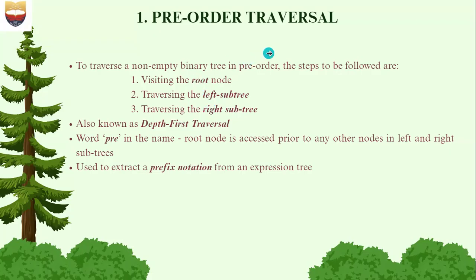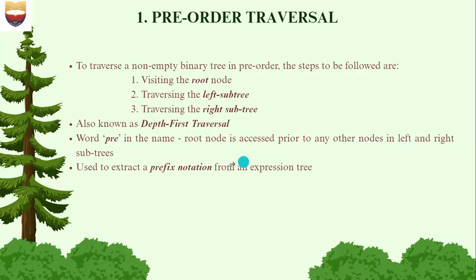This pre-order traversal is also known as depth first traversal. The term pre in the name pre-order refers to the fact that the root node is accessed or visited prior to any other nodes in both the left subtree as well as the right subtree.